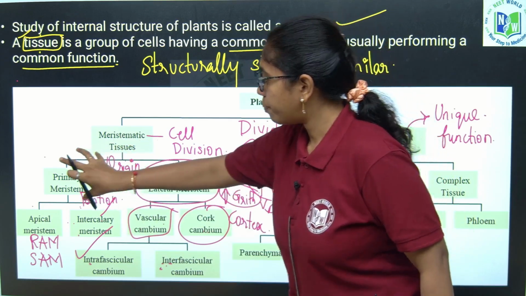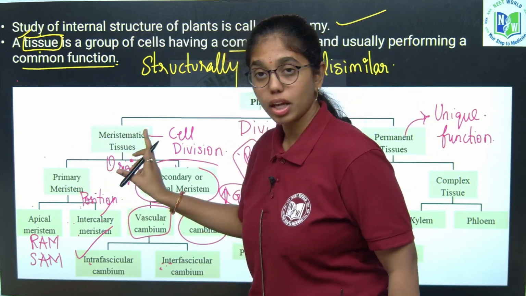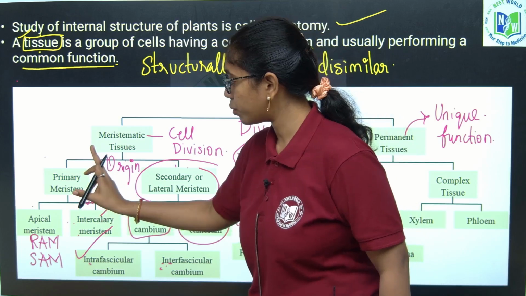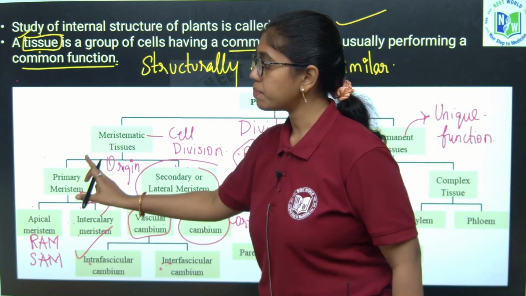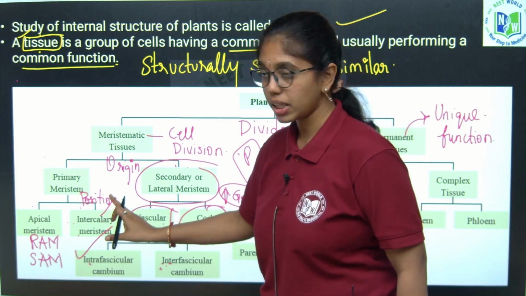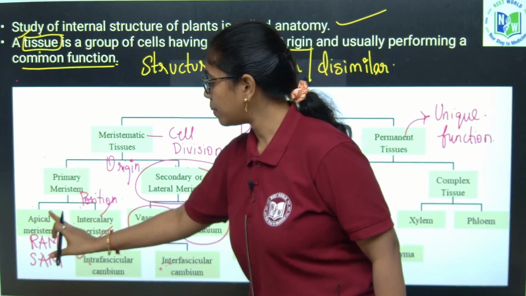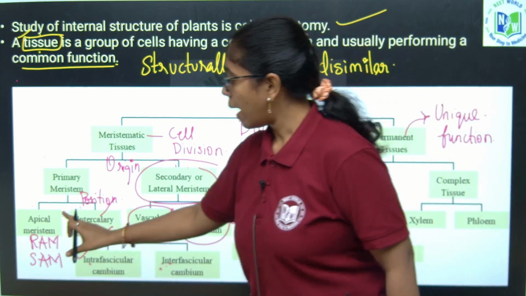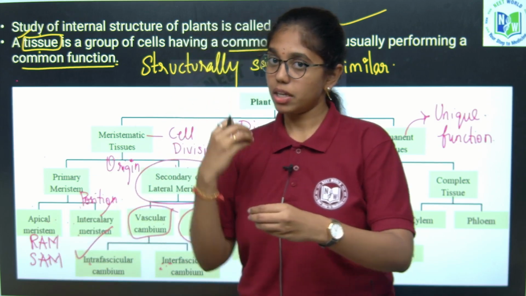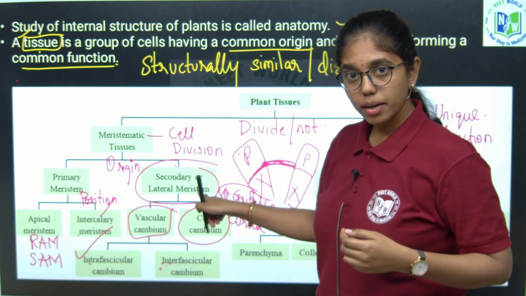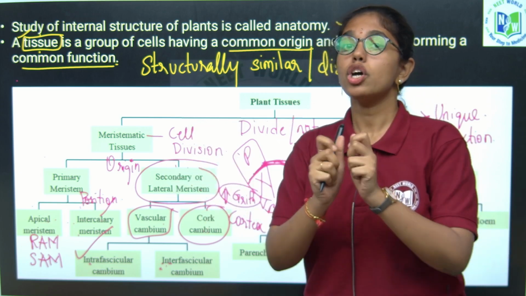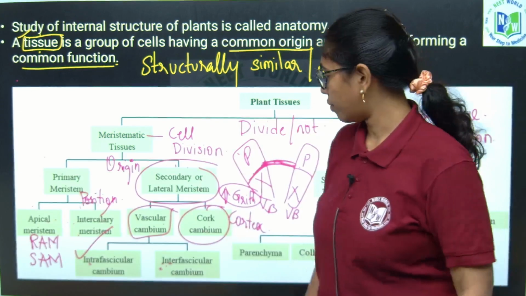So, meristematic tissues based on the time of origin are classified into primary meristems and secondary meristems. Primary meristems, based on position, are further classified into apical meristem and intercalary meristem. Apical meristems are of two types: root apical meristem and shoot apical meristem. Secondary or lateral meristems only function to increase the girth or size of the plant.